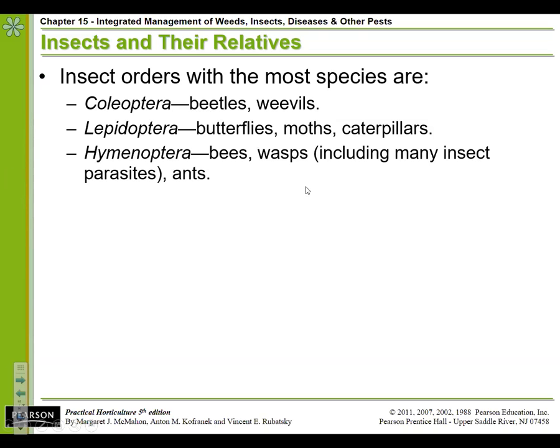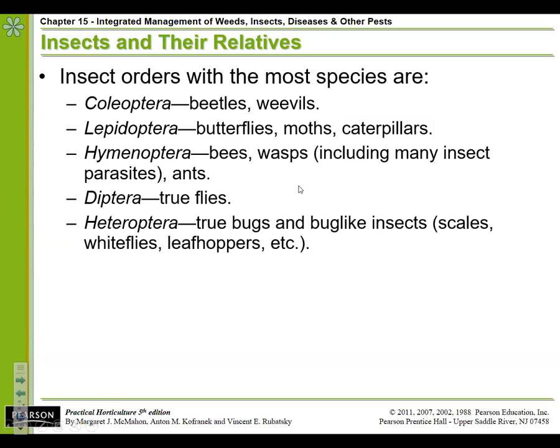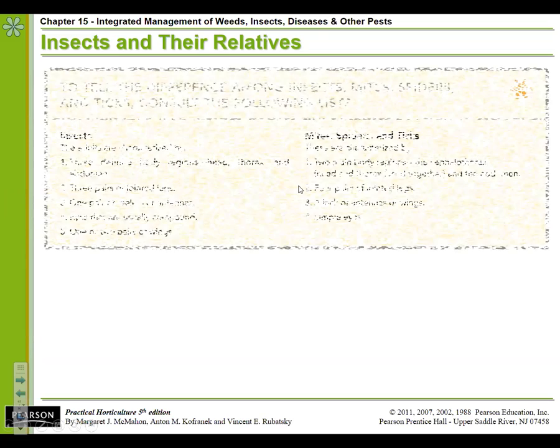The Hymenoptera includes pollinators and predators such as bees and wasps, as well as ants. So, Diptera, flies, Heteroptera or Homoptera, the true bugs, and bug-like insects.